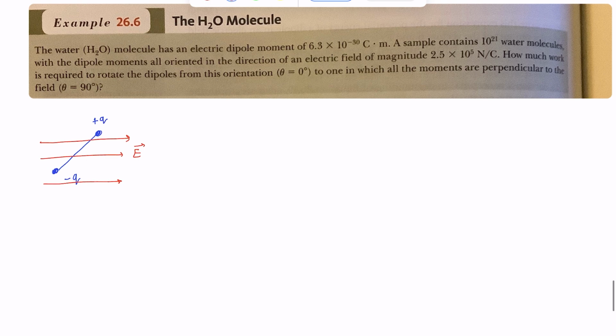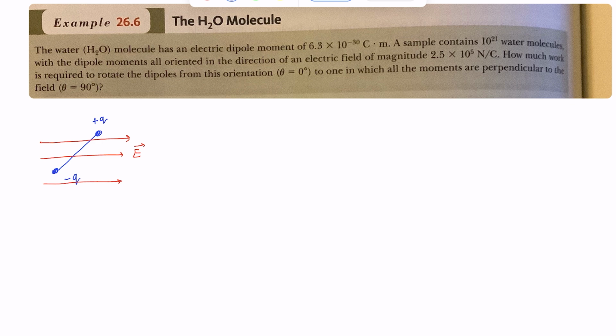Now that rotation will be in such a way that the dipole will align itself with the direction of electric field. So it's very much like if I'm lifting a pen from a desk, right, up to some height. If I let it go, it's gonna fall. So there's an equilibrium position of the system where this dipole really wants to align with this electric field.